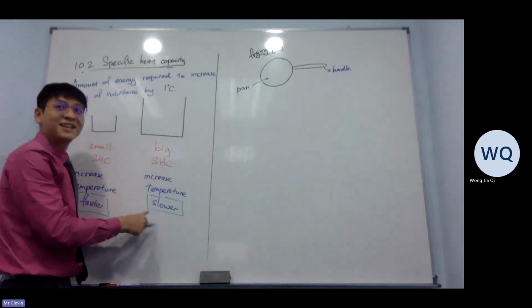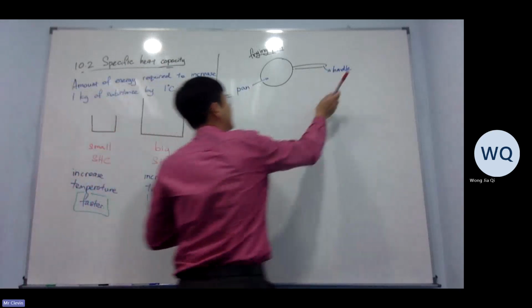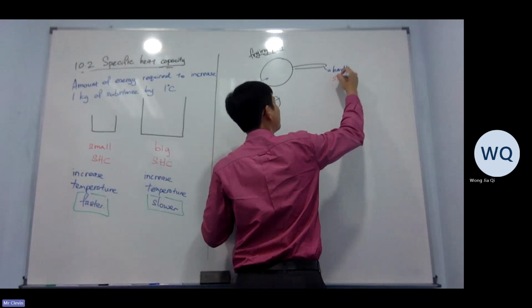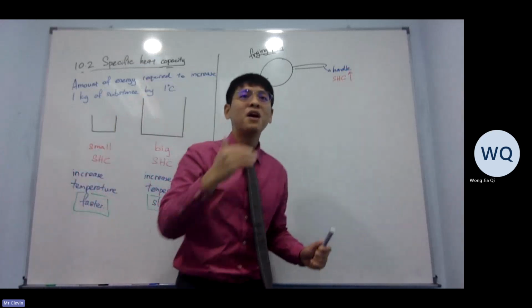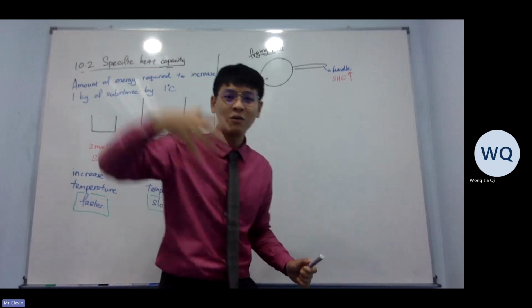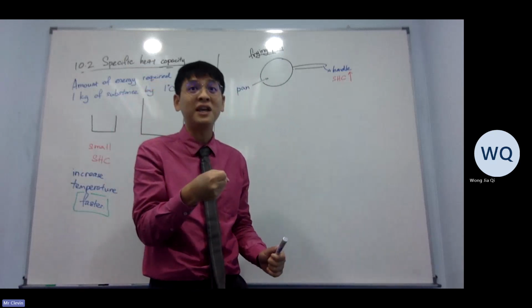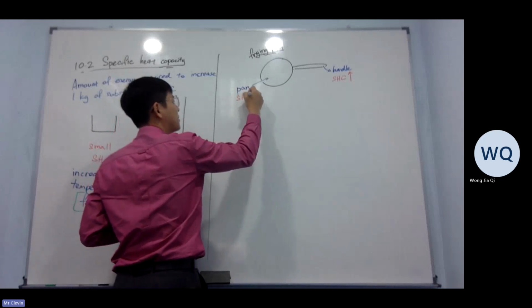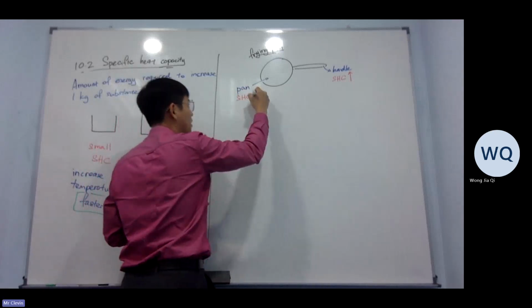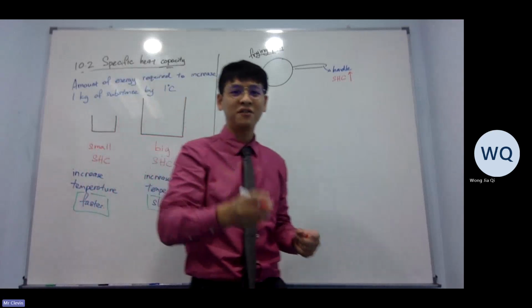Higher, so that it heats up slower. When we hold the handle, we won't feel the heat. Whereas for the pan itself, we want the specific heat capacity to be lower so that you can cook the food faster.